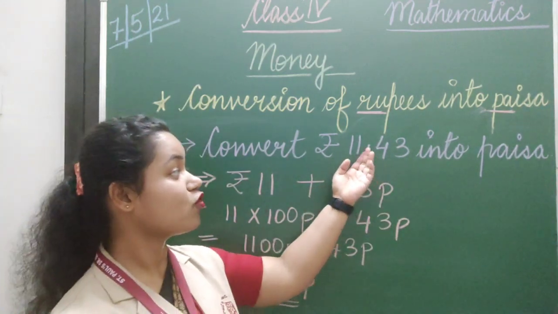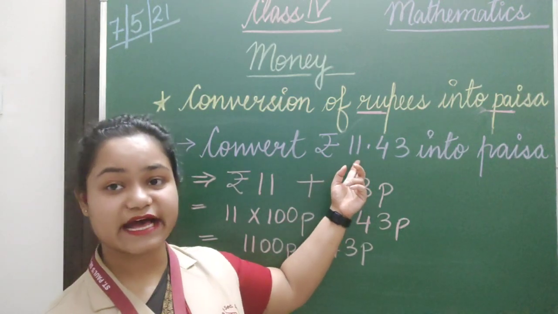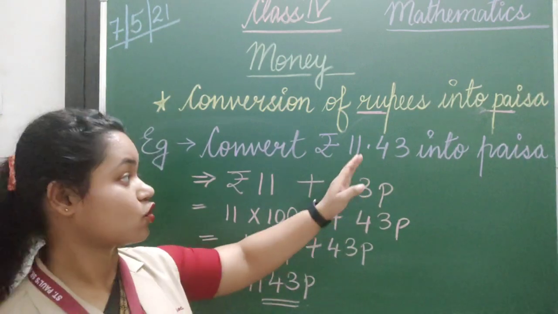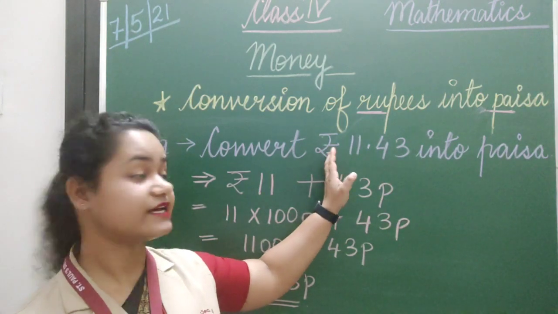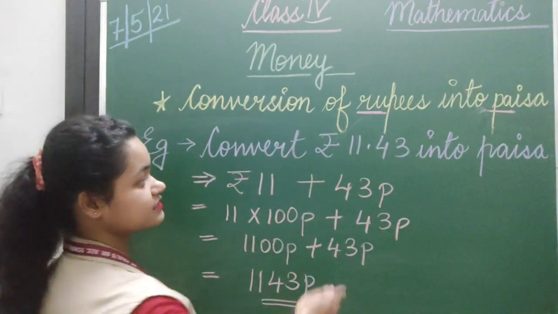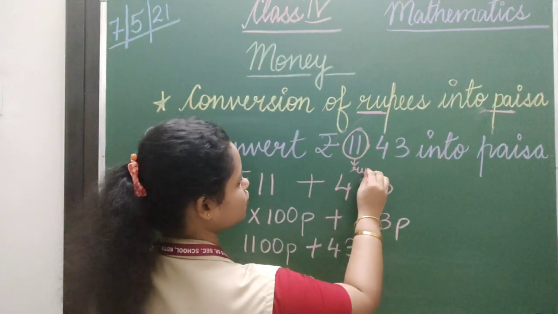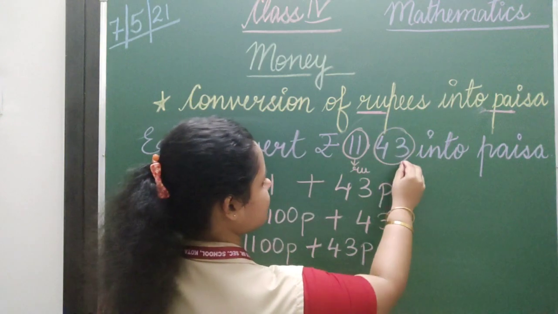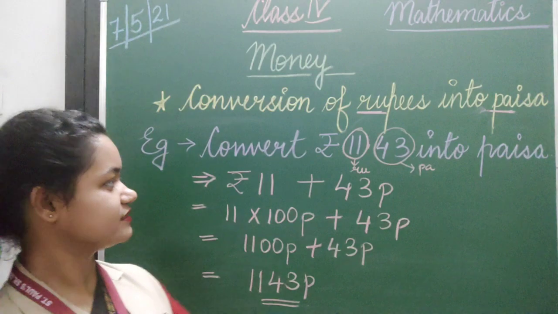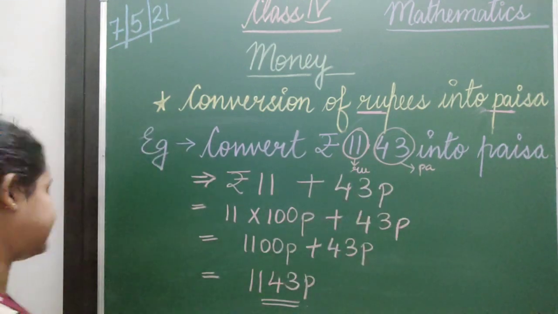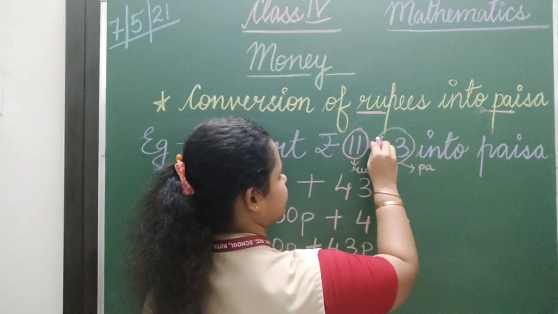And before the point, that particular part is considered as your rupees part. So after the point it is paisa, before the point it is rupees. That means this is rupees, this is ru, and this is pa, isn't it? Yes or no? This is rupees and this is paisa. Here there is a big point in between them.